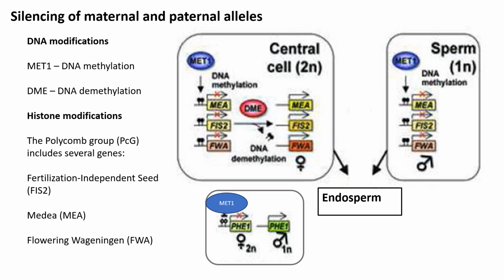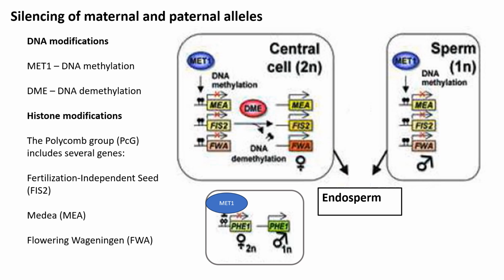The histone modifications are brought about by the polycomb group of proteins, which consists of several members, three of which are shown here. One is the fertilization independent seed or FIS2, MEA, and flowering wageningen or FWA. Now, if you look at the figure on the right, you can see the silencing of these three polycomb group genes in the sperm cell as well as the paternal genome in the central cell.